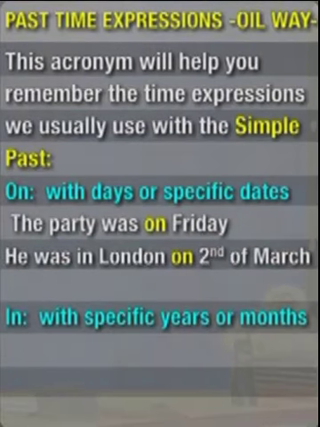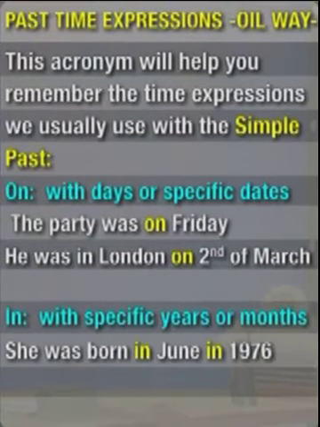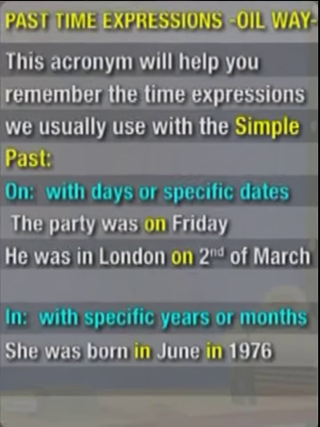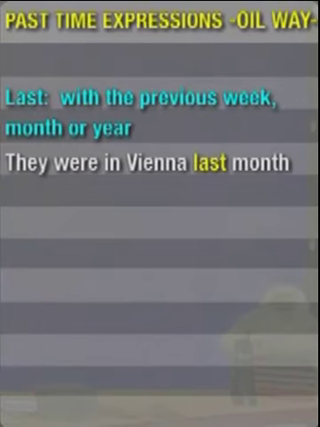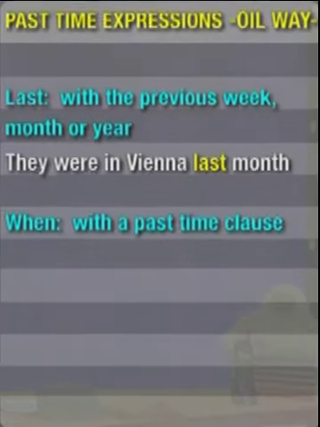So, for example, she was born in June in 1976. Next, last. Last with, for example, the previous week, last week or month or year. So the examples are, they were in Vienna last month.